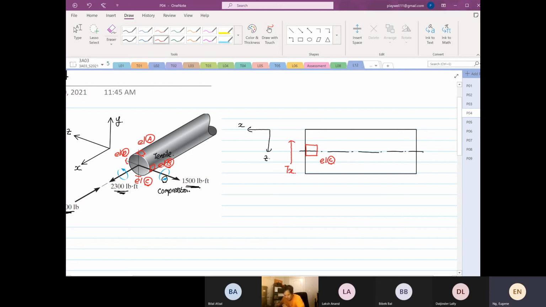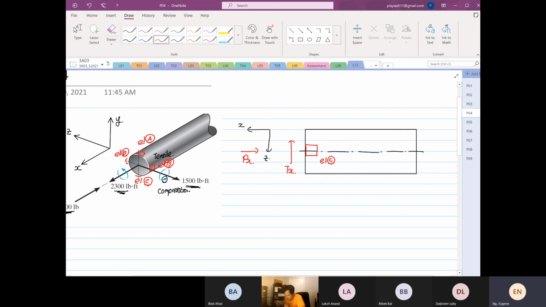The torque is going to push up that way. So we are going to have Px, right? And then we know the moment is going to be compression, right? We are aware that we're going to have a compression.